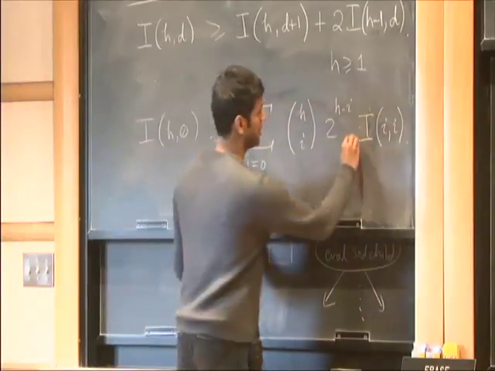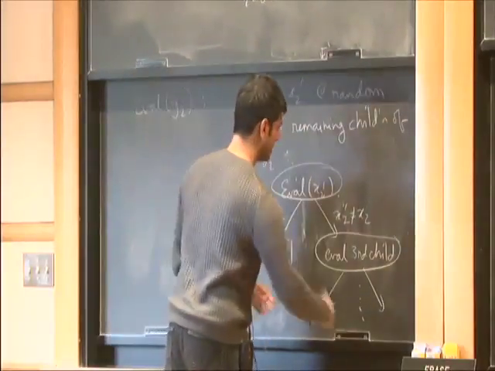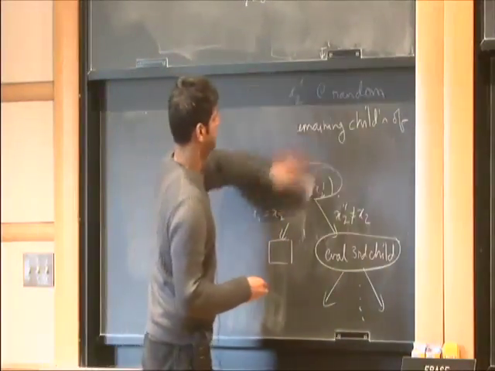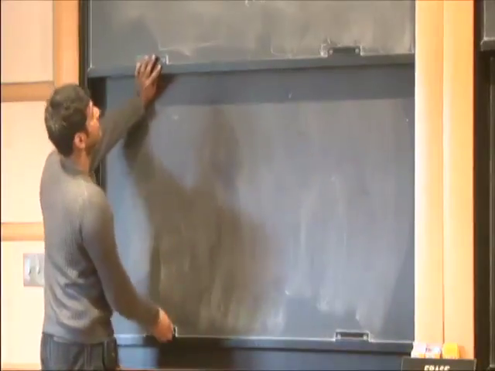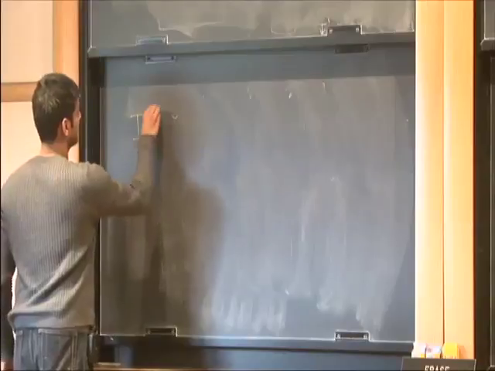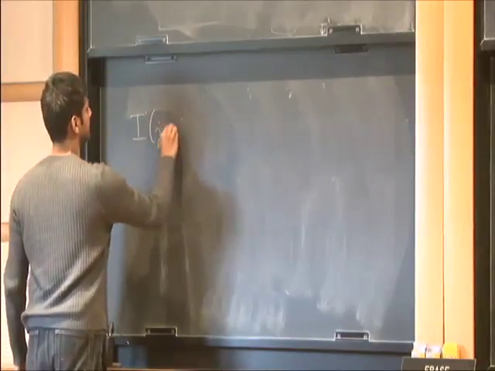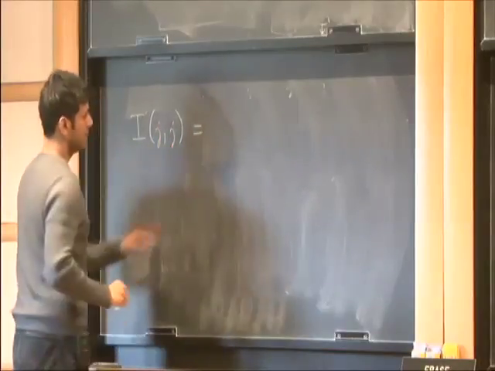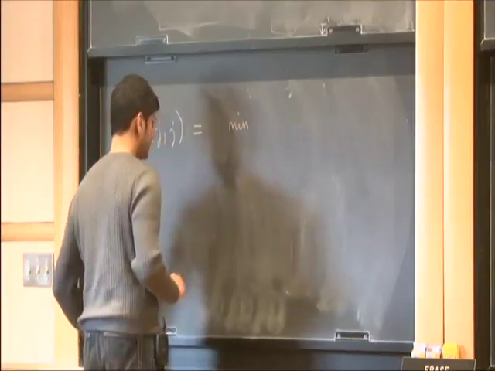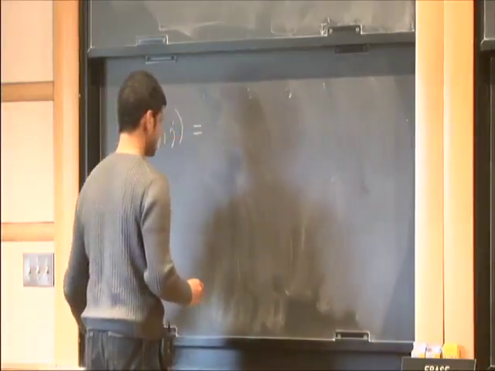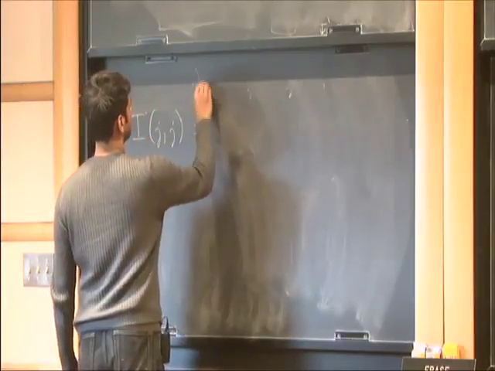Okay, so what is this quantity? Let me use j here. This is the minimum. Okay, so let's fix our algorithm A, right?